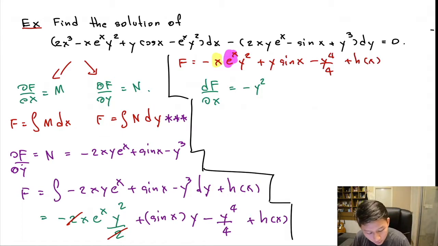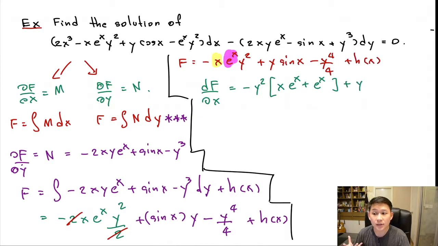So it is x times e to the x plus e to the x times the derivative of x, which is 1. Plus y, the derivative of psi is cos x, and the derivative of minus y to the power of 4 divided by 4 is 0, because we differentiate by x. So y is a constant, so it is 0.